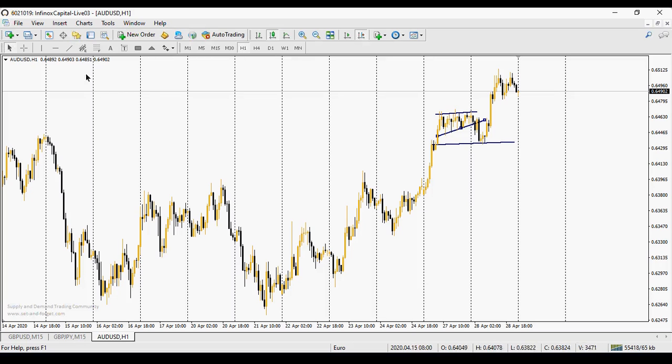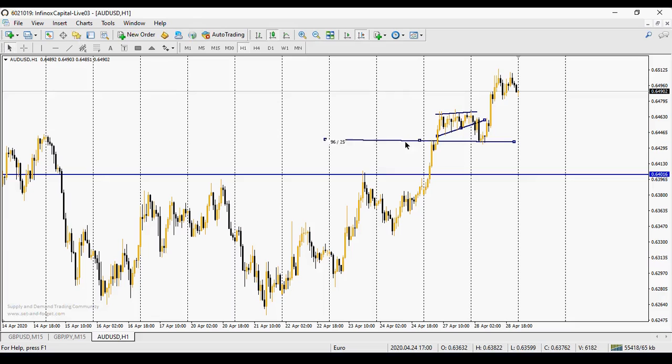I was expecting it to drop further to around this, but eventually it took us out here and then rallied up. So this was what we were looking at yesterday.